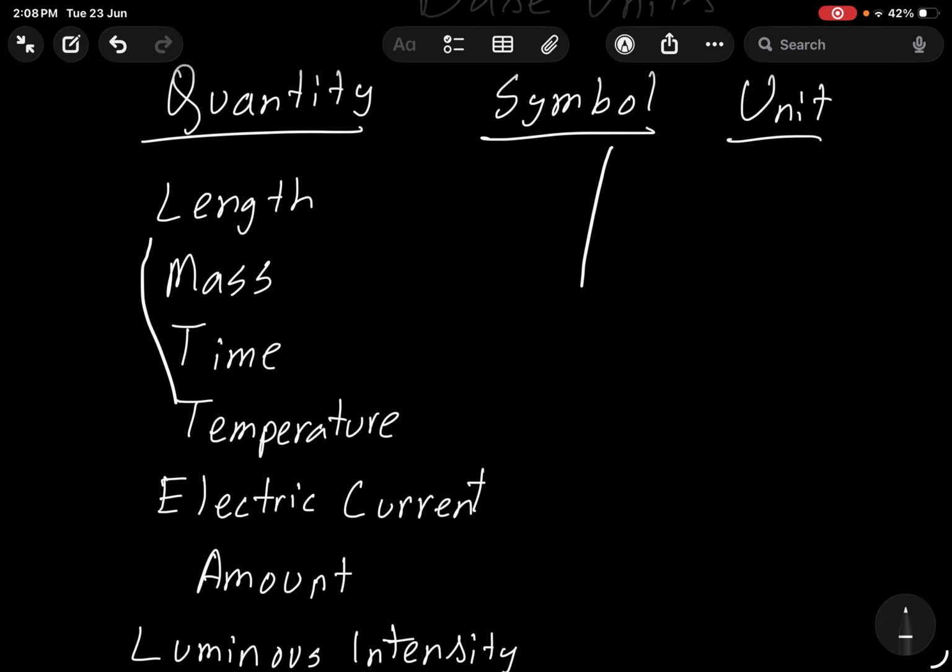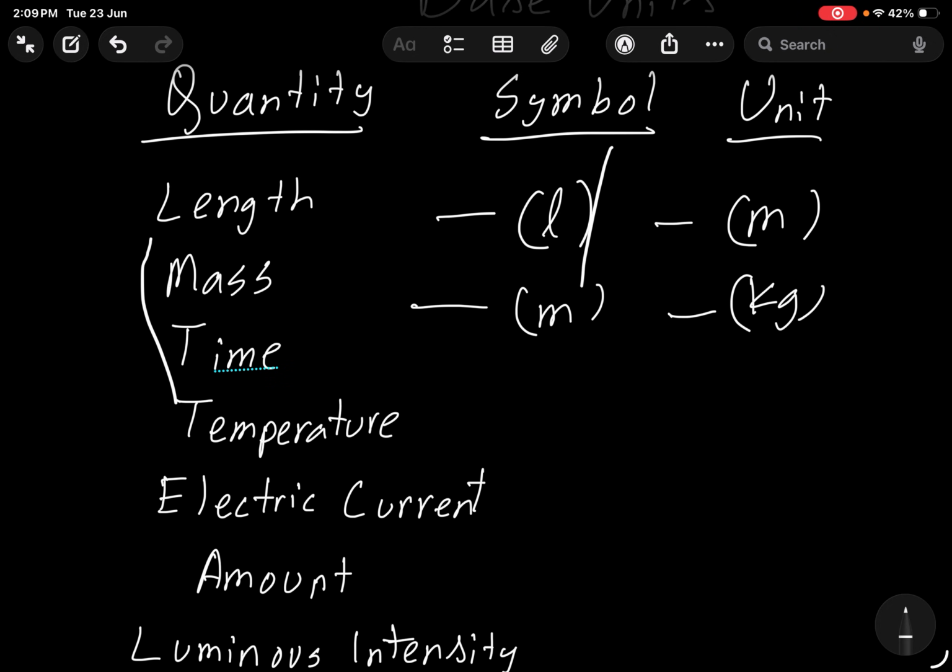Length symbol is L and the unit is meter. Then for mass, the symbol is M and the unit is kg. For time, sometimes we use a small t, sometimes a capital T. So let's use a small t here because we have temperature here too, and the unit is second.